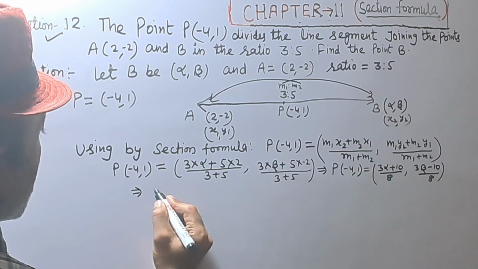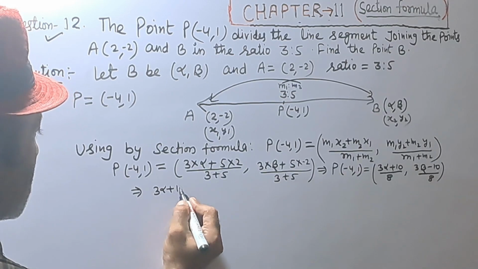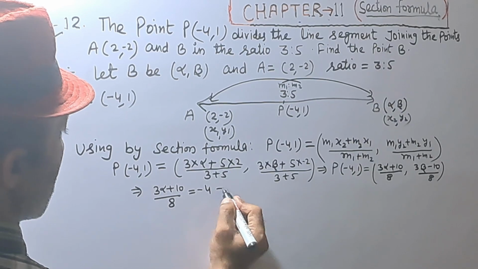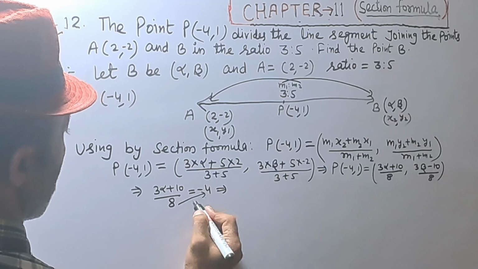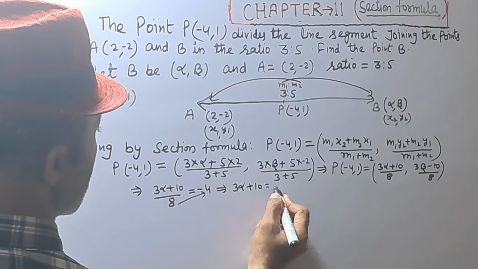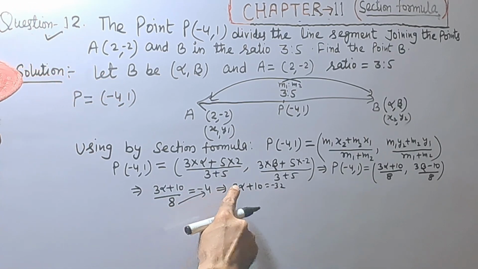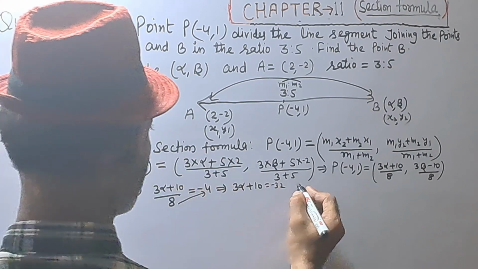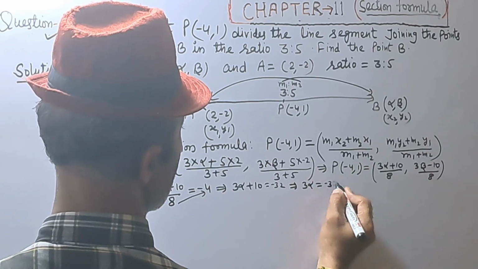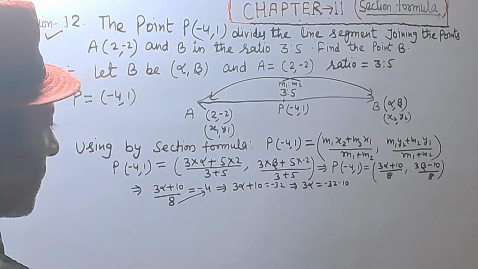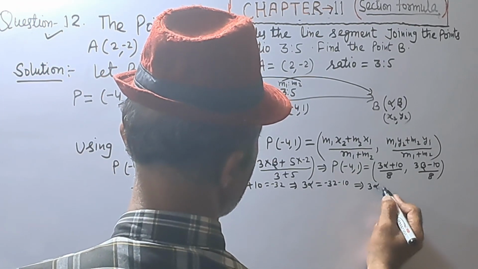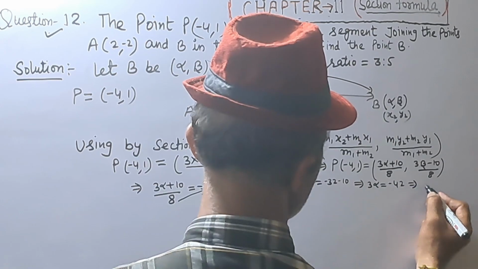Which implies (3 alpha plus 10)/8 is equal to -4, which implies 8 4s are 32, and 3 alpha plus 10 is equal to -32. 8 4s are 32 but negative, which implies 3 alpha is equal to -32 minus 10, that is -42. 3 alpha is equal to -42.